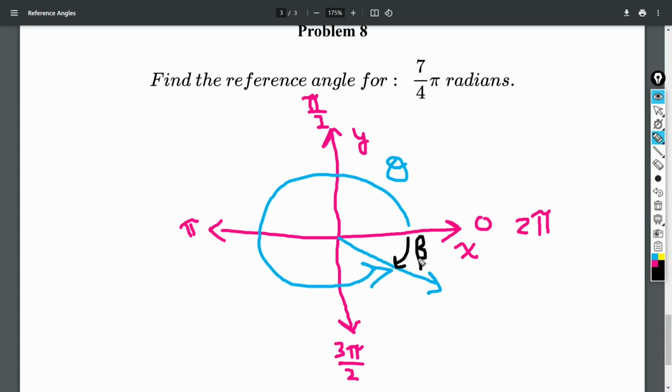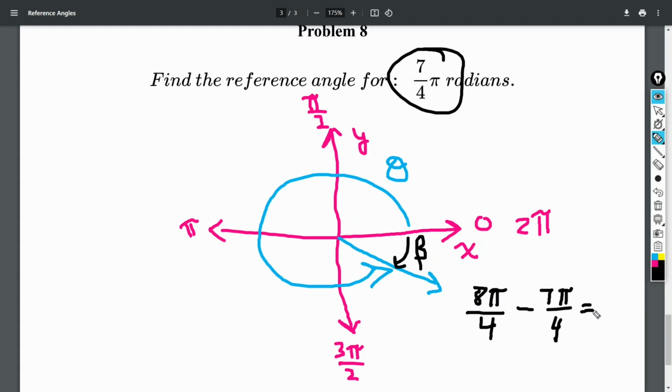So we're going to take 2 pi and subtract this angle to find our reference angle. So we're going to do 2 pi with a denominator of 4, so 8 pi over 4 minus 7 pi over 4, and we'll get our reference angle of pi fourths radians.